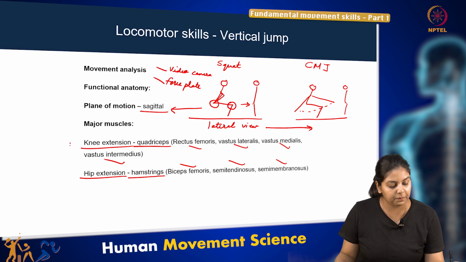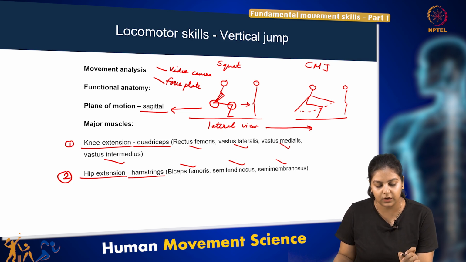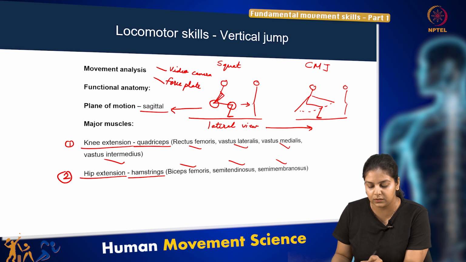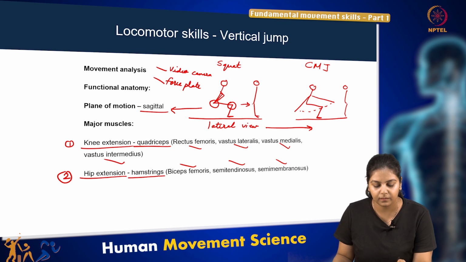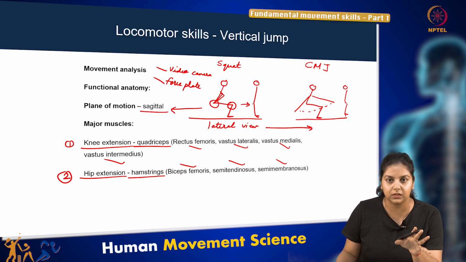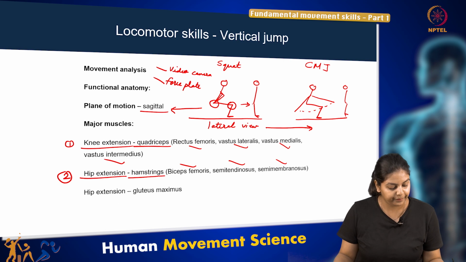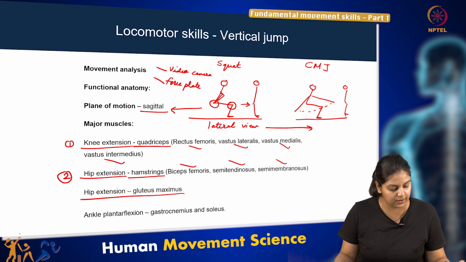So apart from hip extension and knee extension, what else is happening? This is what we have forgotten. So if we look at our ankles, which we have forgotten, now the reason I'm drawing this is because you would land on your heel and you would absorb it in. So what's happening here? We've got gluteus maximus as well.